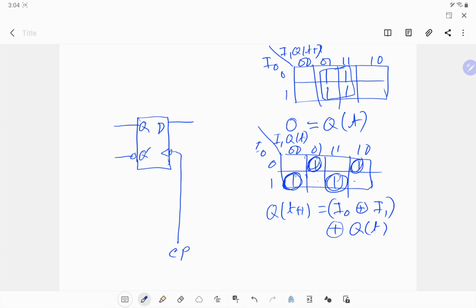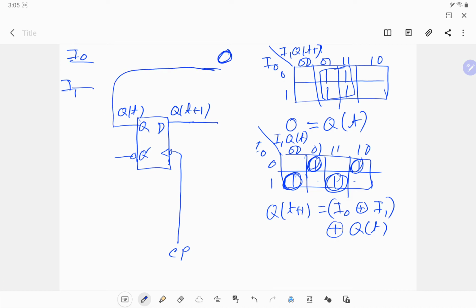So we have two inputs, I0 and I1, and we have one output O, and let's find it for the output first. So that's Q(t), and that's Q(t+1). Now O equals Q(t). This is very straightforward.